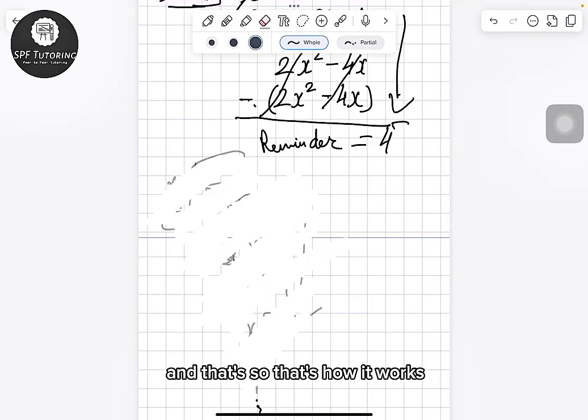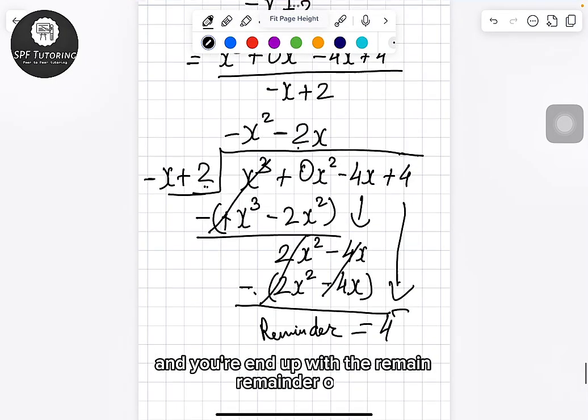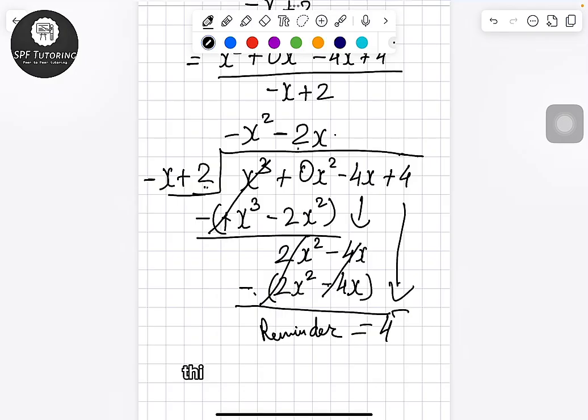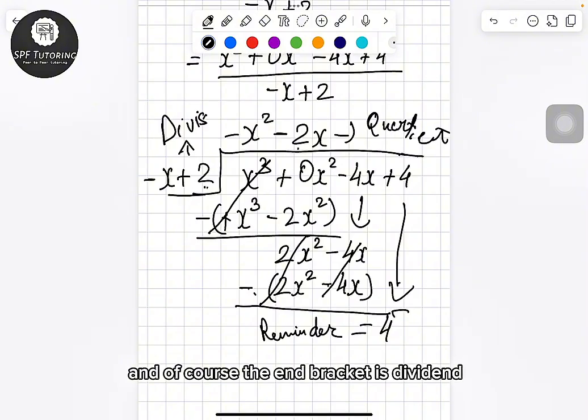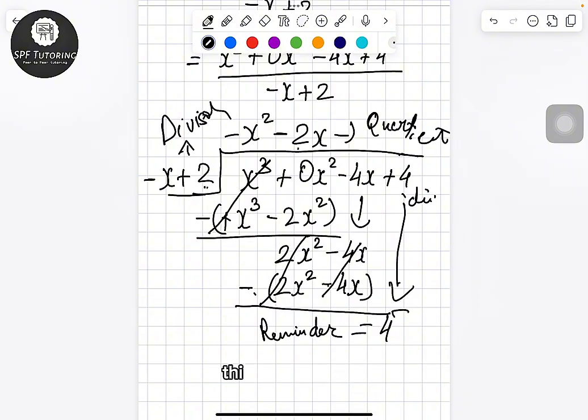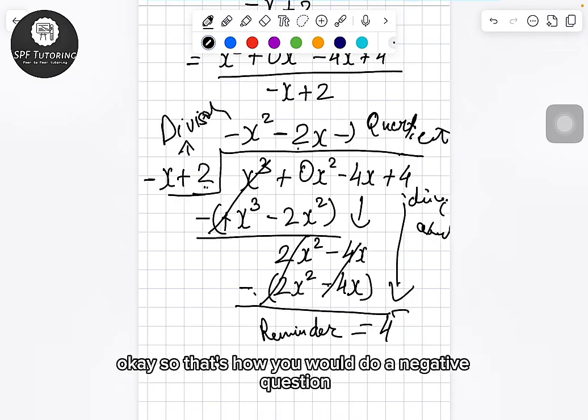And that's how it works, and you end up with a remainder of 4. This is your quotient, and this is our divisor, and of course the bracket is the dividend. Okay, so that's how you would do a division with a negative.